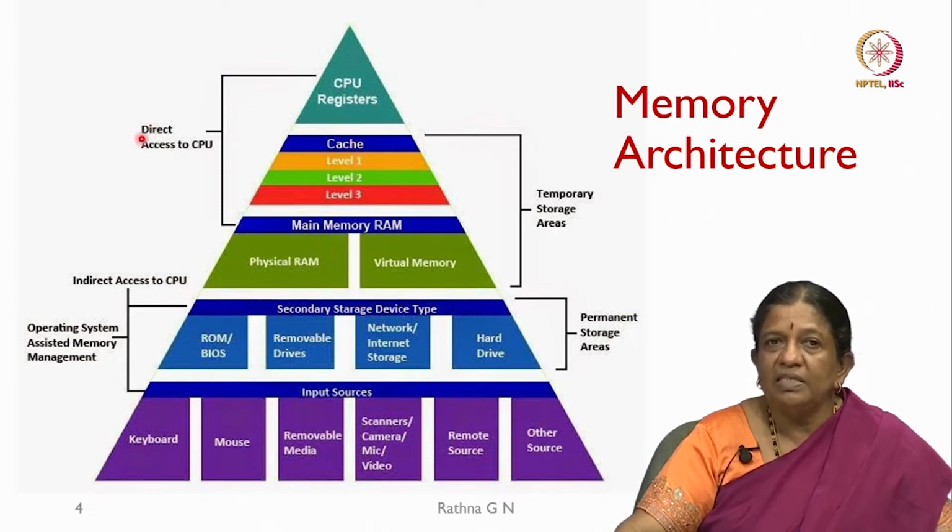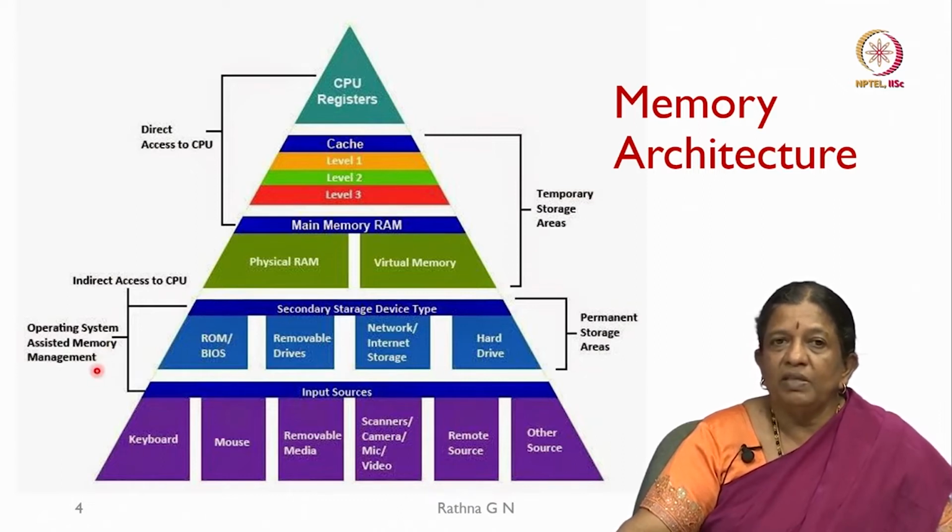These are the direct CPU access we are going to have, and then some of the temporary storage access you will see, that is physical RAM and virtual memory. The other ones are indirect access to the CPU. They do not have any direct bus connectivity, whereas we have to use the external bus to access these memories.